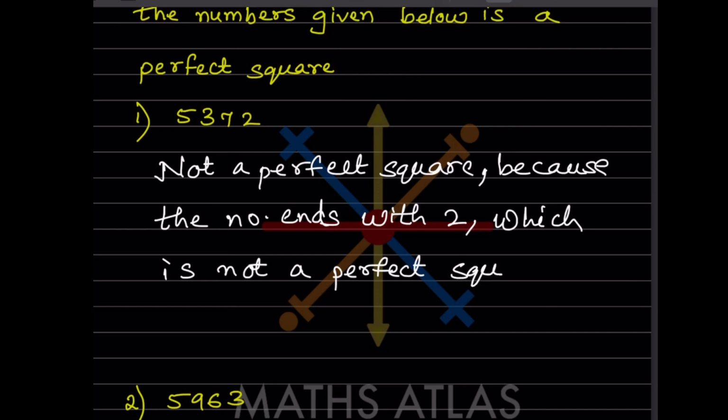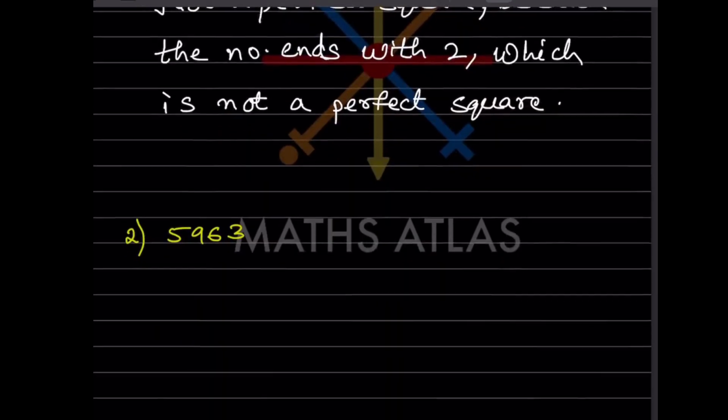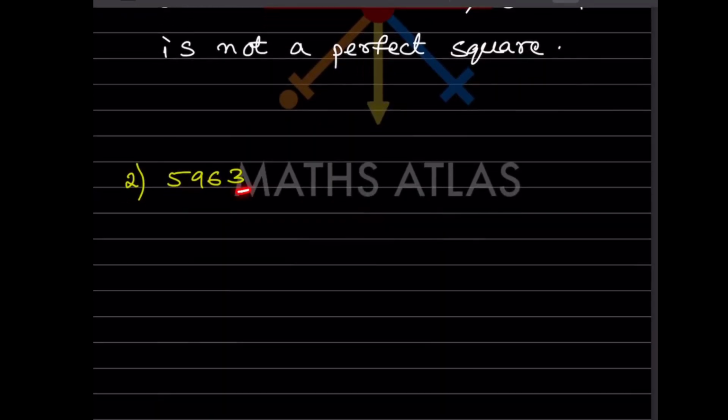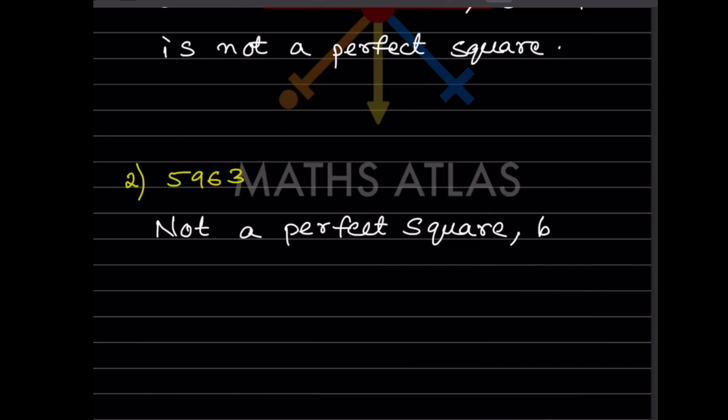Now for the next one, again we can see the ending digit is 3. So this is also not a perfect square, because the number ends with 3, which is not a perfect square.